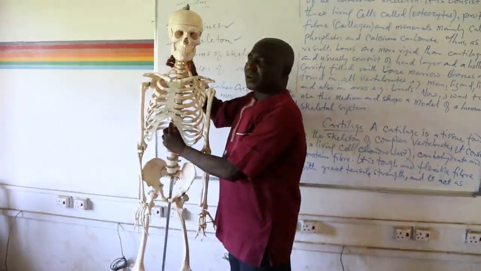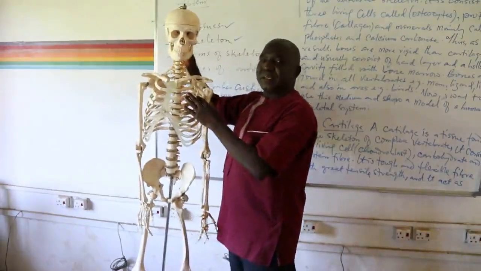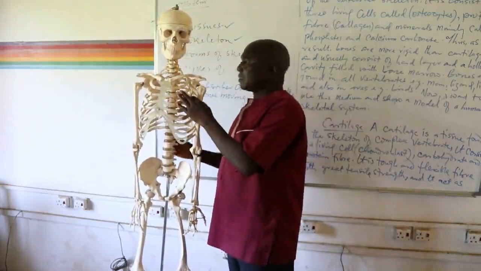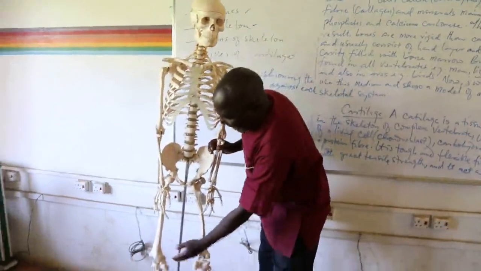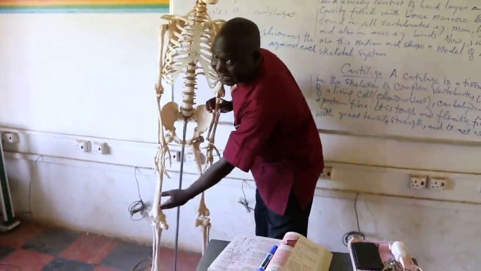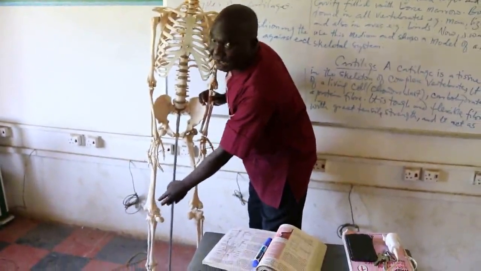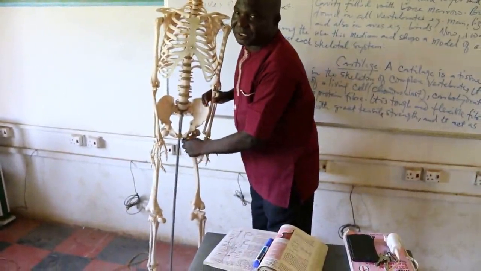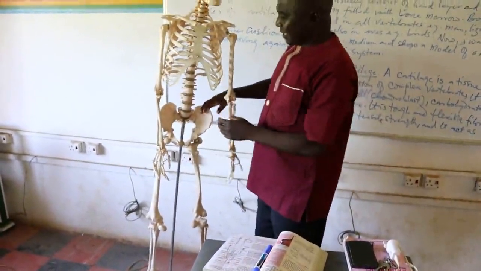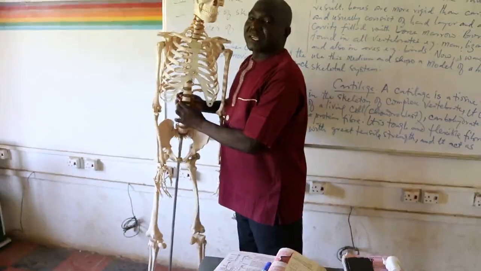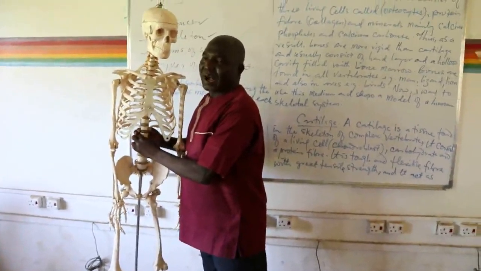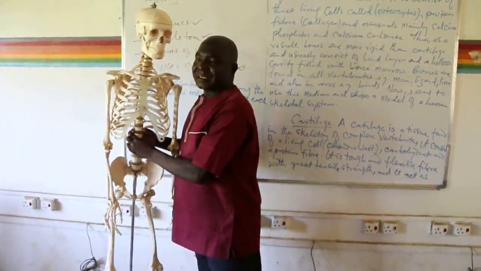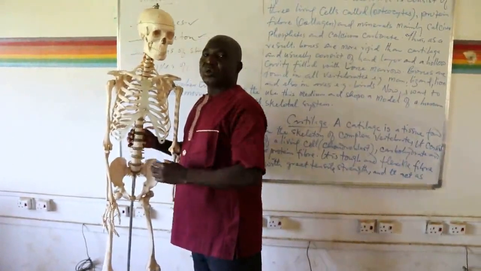The vertebral column in man is the backbone. Cartilages are also found in between the joints. Here we can't see the cartilages because it's a model. If we had the real structure, we would have seen the cartilages. And I said the effect is to cushion the movement of these bones on each other, once they move and graze on each other.